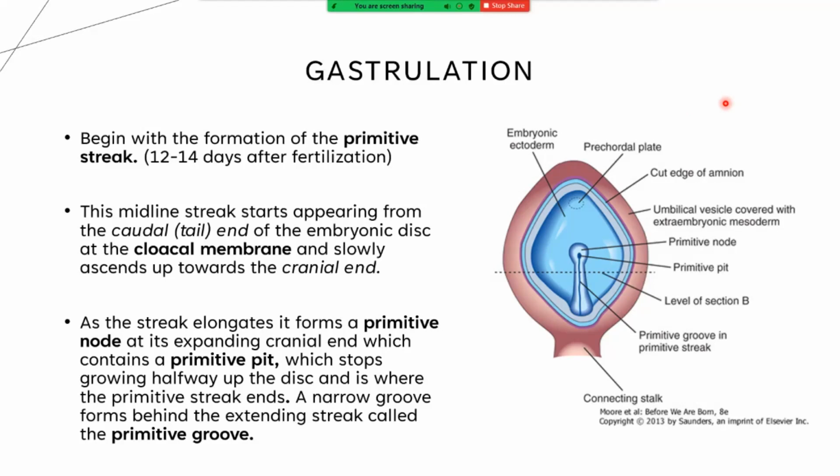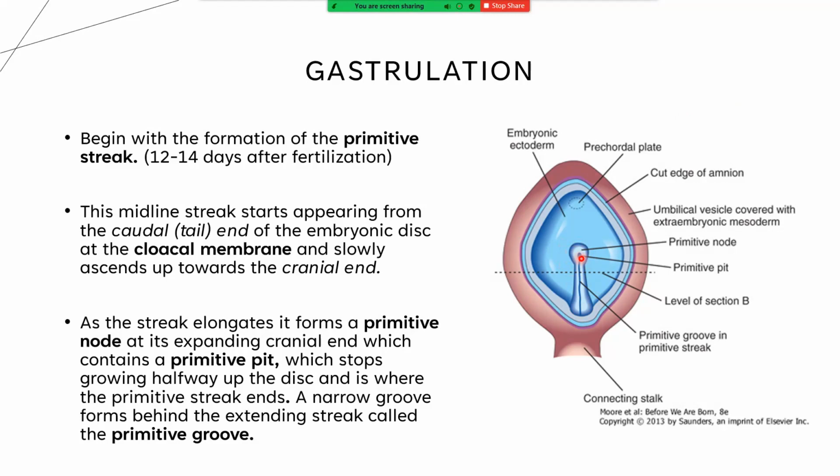Okay, this midline streak starts appearing from the caudal end of the embryonic disc at the cloacal membrane and slowly ascends up towards the cranial end. From the caudal end to the cranial end. As the streak elongates, it forms the primitive node. In the middle of this primitive node, there is a primitive pit.